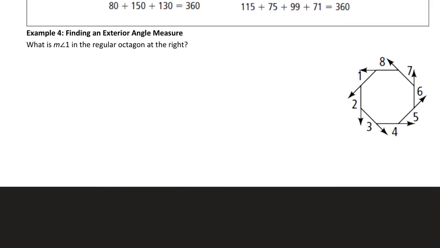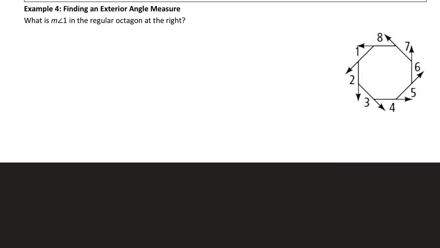So in example 4, we're finding a single exterior angle measure. And it says, what is the measure of angle 1 in the regular octagon at the right? So the measure of angle 1 is going to be right here. The thing I want us to understand is that since this is a regular octagon, all of the interior angles are congruent, which means all of the exterior angles are congruent.